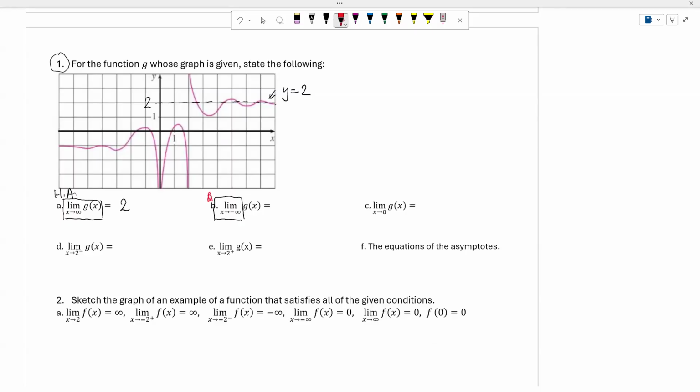Now, the limit as x approaches negative infinity of g of x.